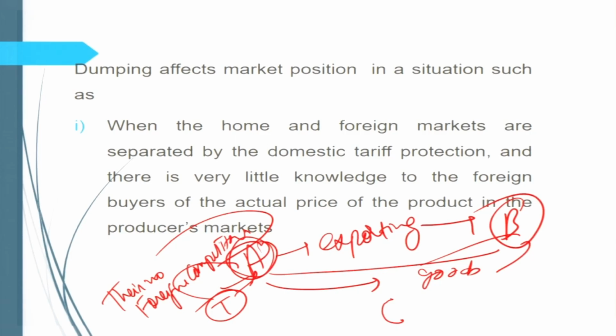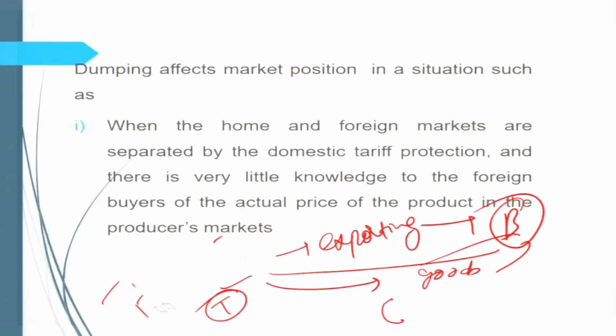Either the government is giving some kind of subsidy, or if the government is not giving subsidy, that means they are not facing competition in the home market. So, here they can dictate whatever price they want. Whatever loss they suffer in the foreign market because of the artificial reduction in price will be compensated by a hike in price in their domestic market.